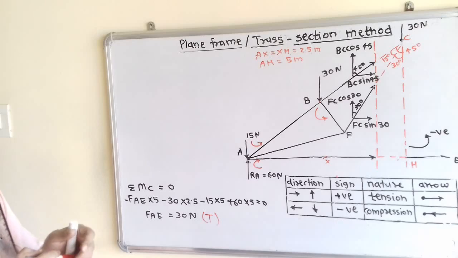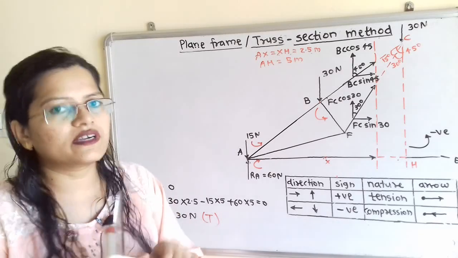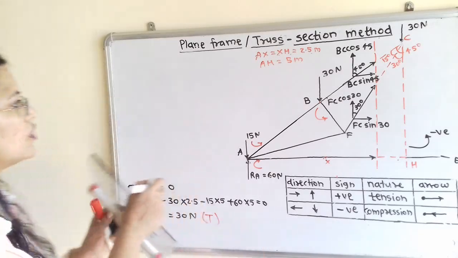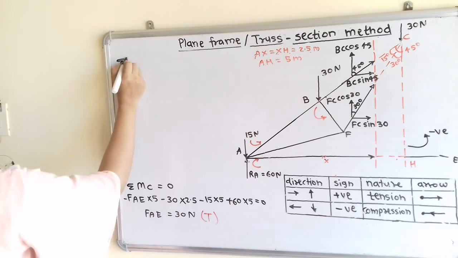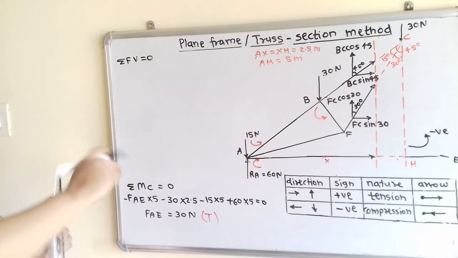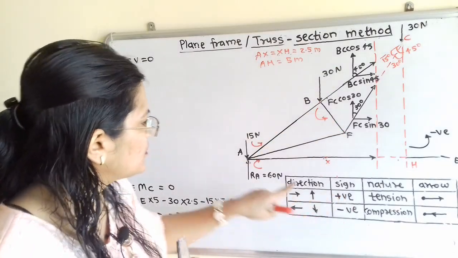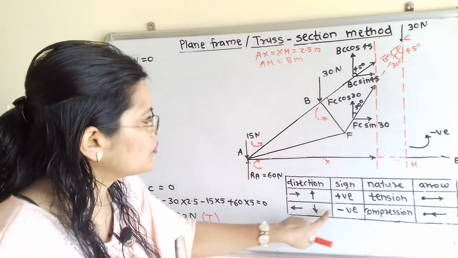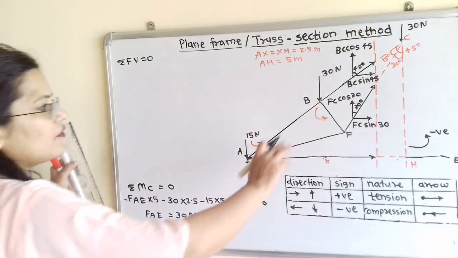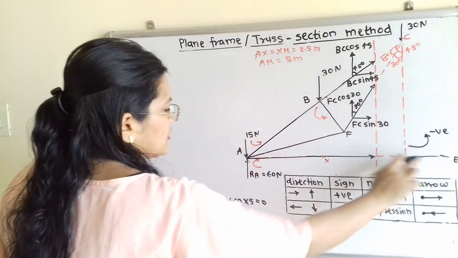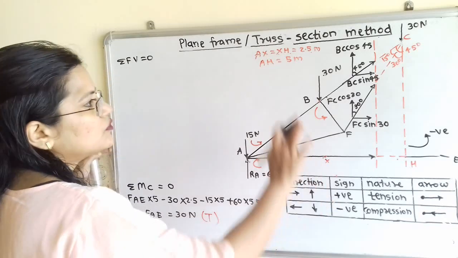Now we will move to the next rule, summation of all vertical forces is equal to 0. So summation of FV is equal to 0. So if we observe, for upward direction force use positive sign, and for downward direction use negative sign. Now this is the horizontal force AE, so we are not going to use this.